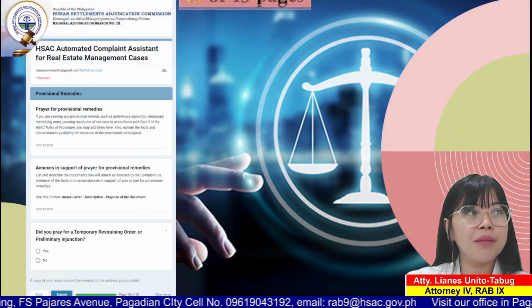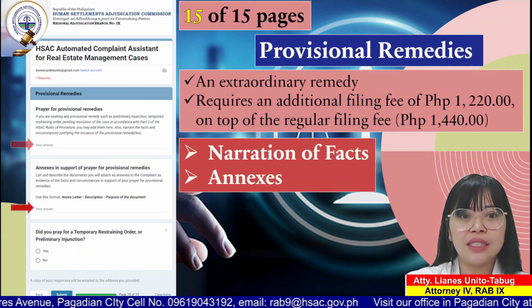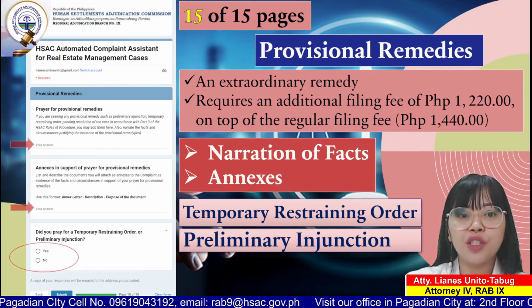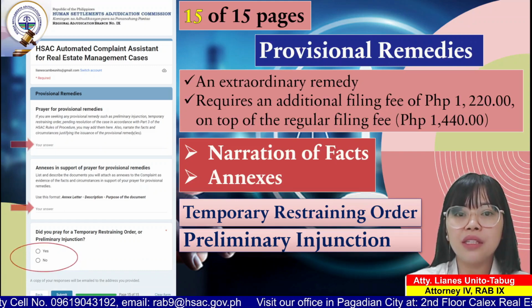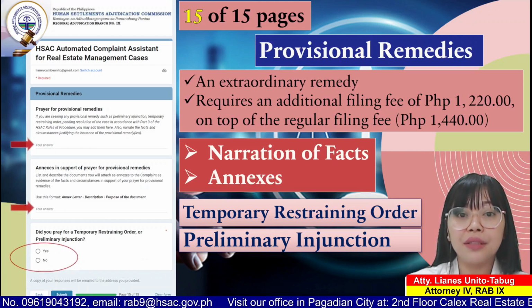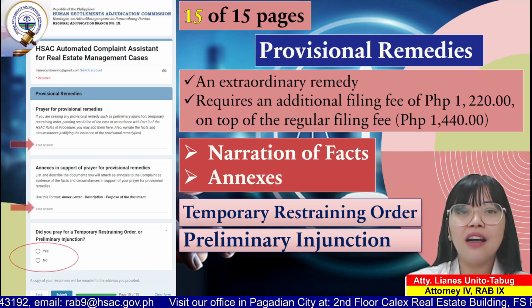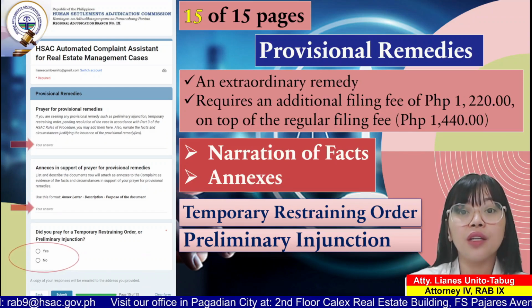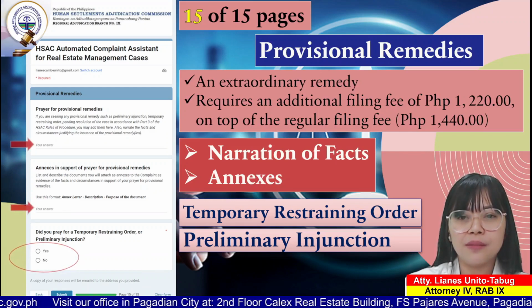So this page naman po, it's for provisional remedies. Should you pray for provisional remedies? Now, provisional remedies, it's an extraordinary remedy that requires an additional filing fee of 1,020 pesos on top of the regular fee, which is 1,440 pesos.